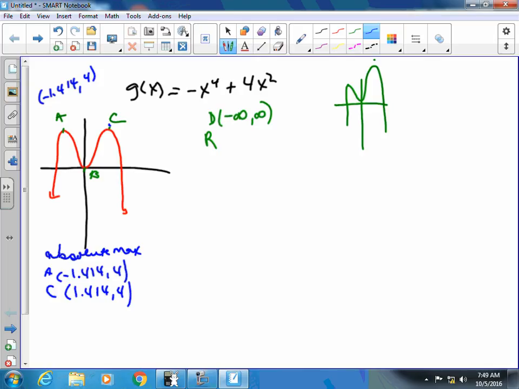We agree they're the same y value? If they're the same y value, it is an absolute. If they're different y values, one is a relative, one is an absolute. Okay? What's this guy called? What's B called?